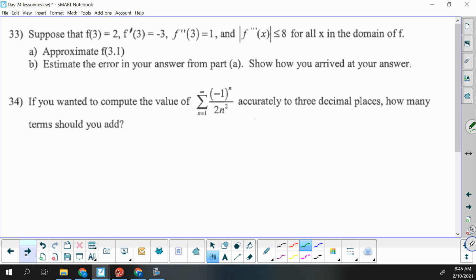With Lagrange error, that M value, that nice upper bound of your nth derivative, on the AP they like to make sure everyone's picking the same value there, because otherwise it's a little bit subjective what's bigger. So here they tell us a value at x equals 3. We know the first derivative at x equals 3, the second derivative at x equals 3, and then they tell us that the next derivative is guaranteed to be less than or equal to 8.